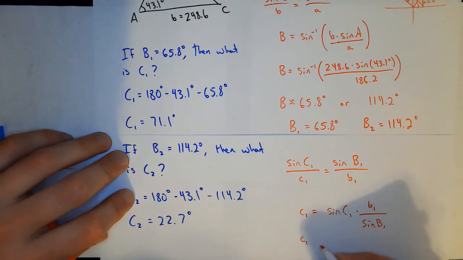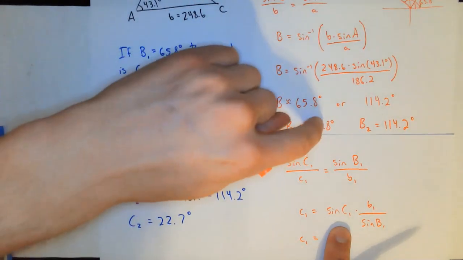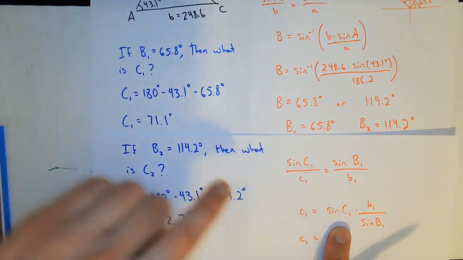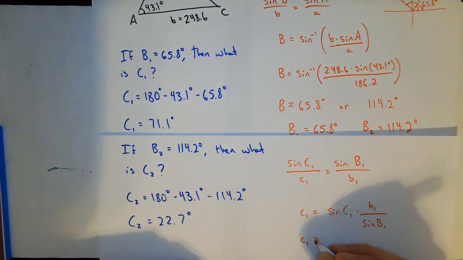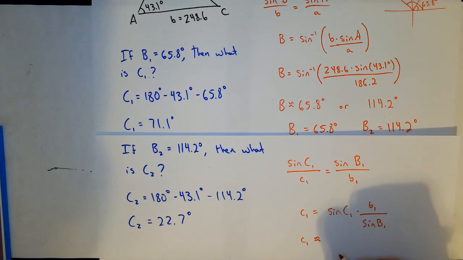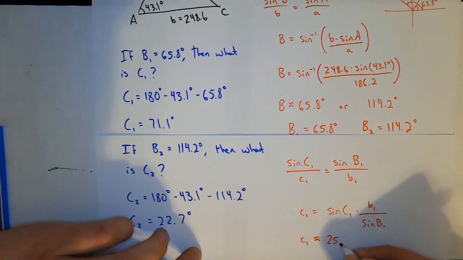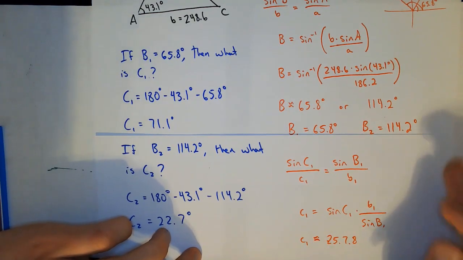Then plugging all this stuff in, so C1 being 71.1 degrees, B1 being 65.8, and the side measure b1 being 248.6, we're going to get c1 is approximately 257.8.